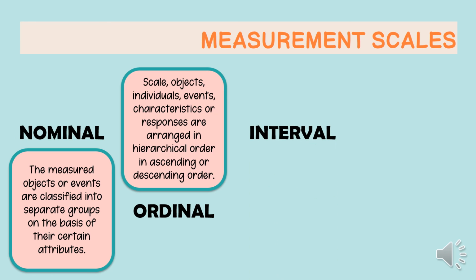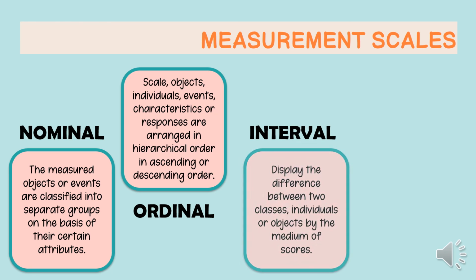Sa interval naman, this is the third level of measurement. This scale endeavors to do away with the limitations of the above mentioned two scales. Under this scale, we display the difference between any two classes, individuals, or objects by the medium of scores.